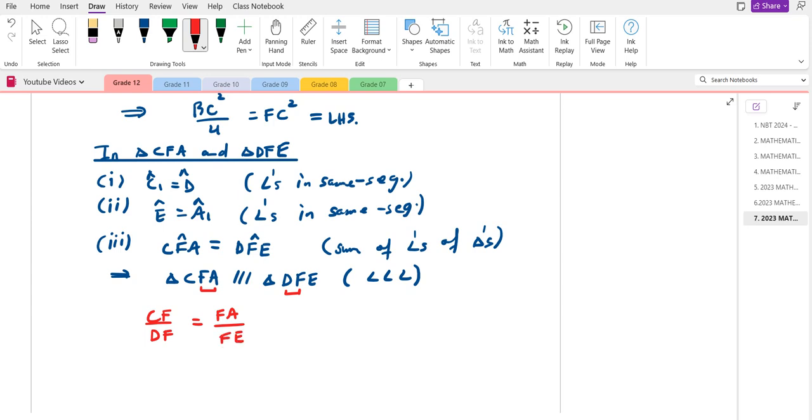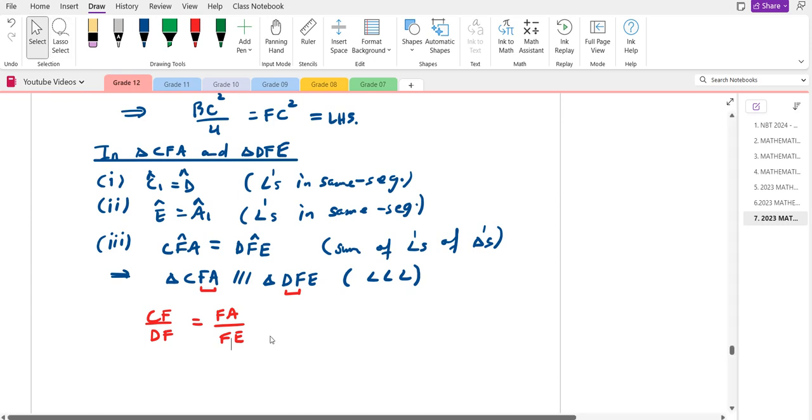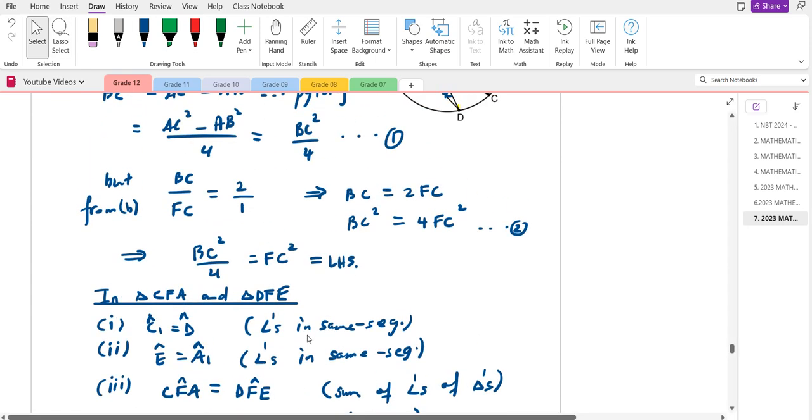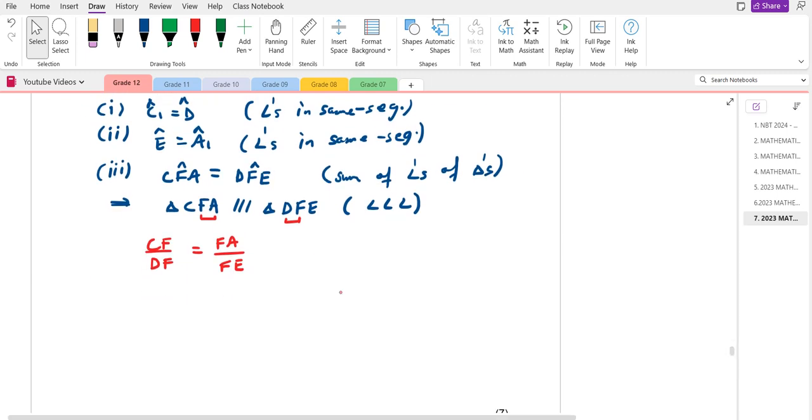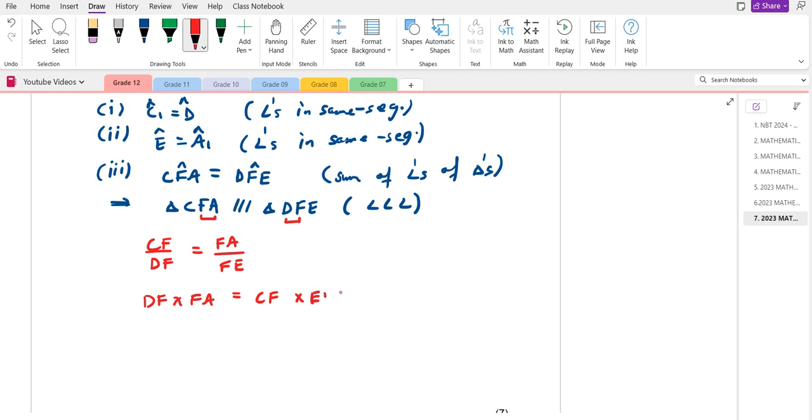Now if you cross multiply this, you get DF times FA is now equal to CF times EF. The reason for this is similar triangles, sides in proportion.